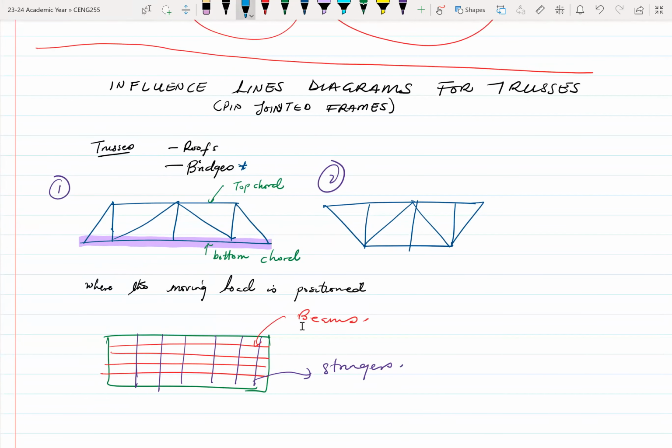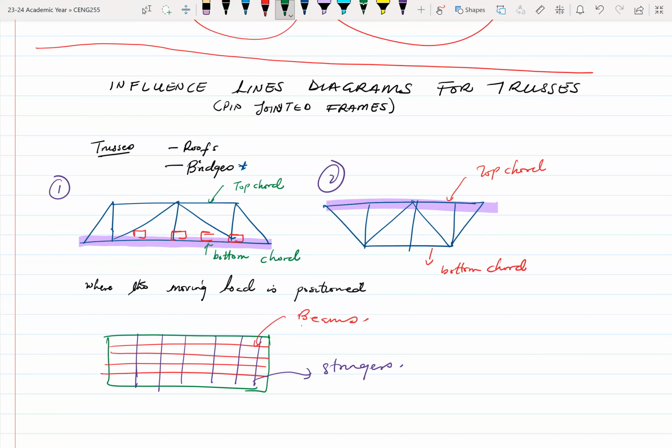So in this case, you have your vehicles moving at the bottom. Then in case two, this becomes your top chord, and then this is your bottom chord. The only difference is that the decking is at the top.